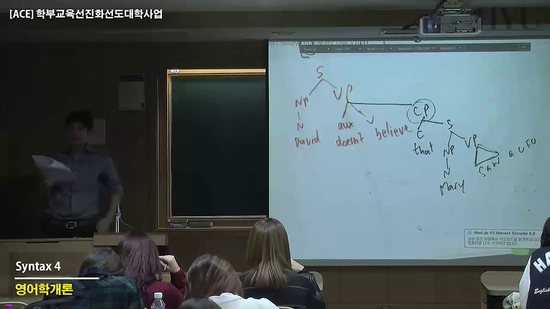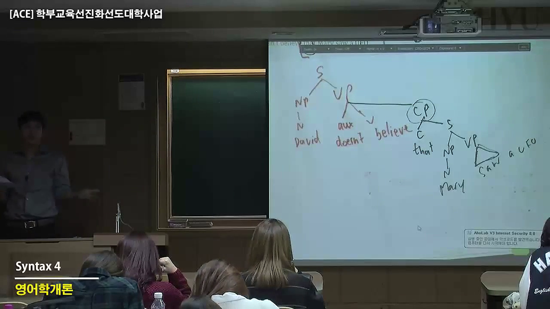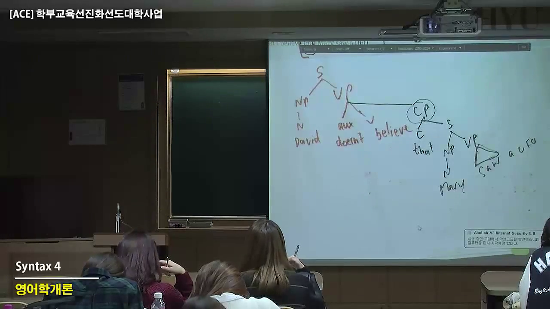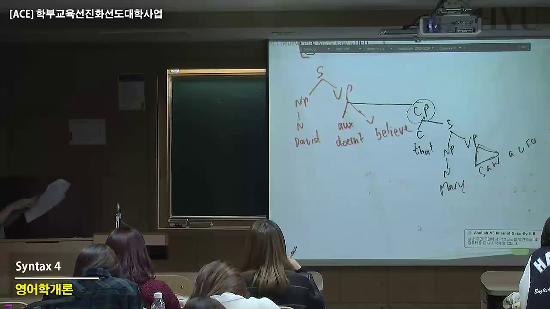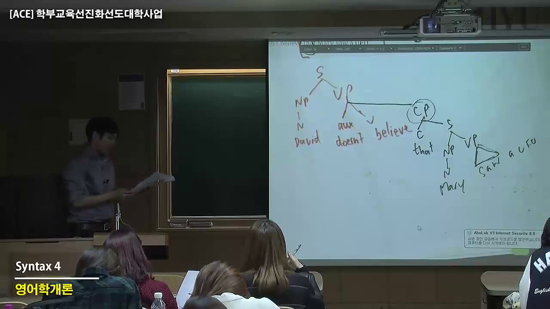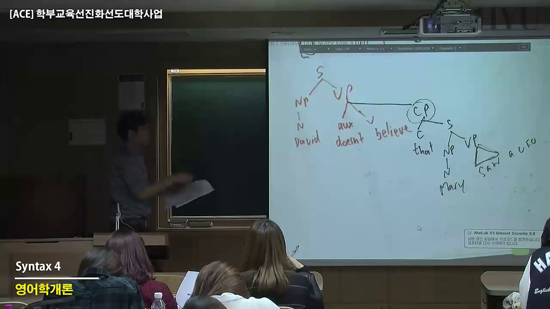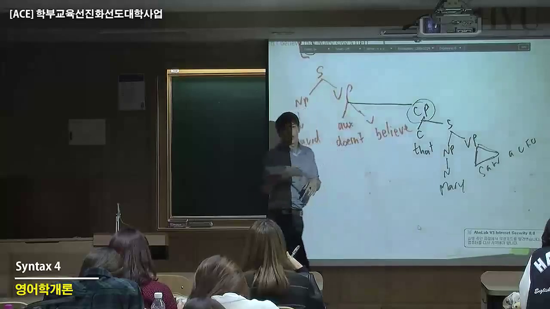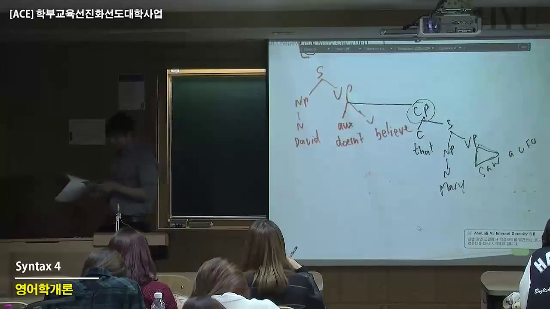The signaling word could be that, whether, or if, like that, okay? And then for the purposes of this type, you can just use the triangle to represent things that you don't want to focus on, like the VP or the NP.